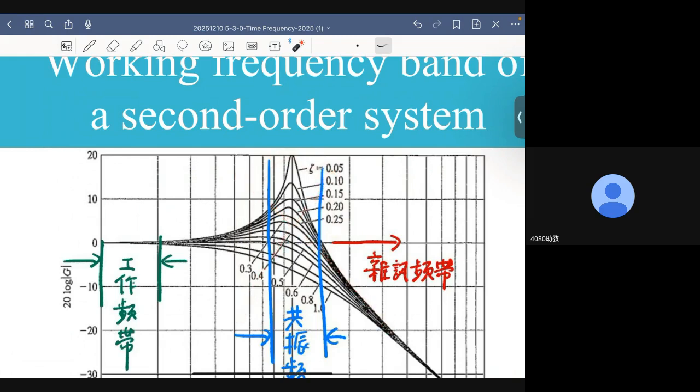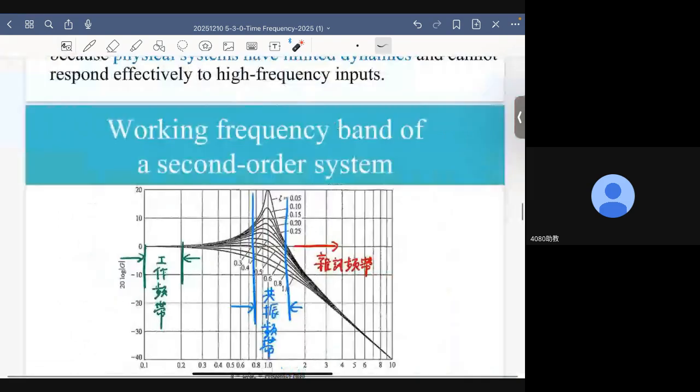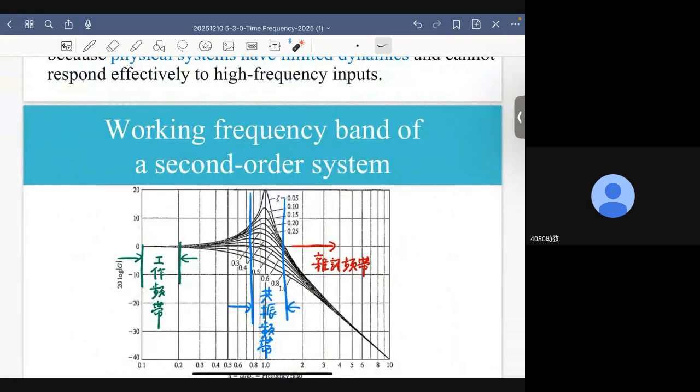We don't want the system to respond like this because remember, this represents the ratio between the input and output. Ideally, we want the ratio between the input and output to be 0 dB because we want that number to be 1, because the goal of our control system is to make the output of the system follow the input command, reproduce the command provided by the input, all right?